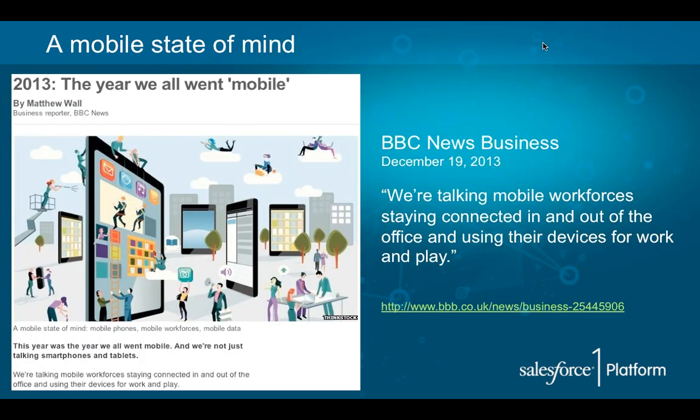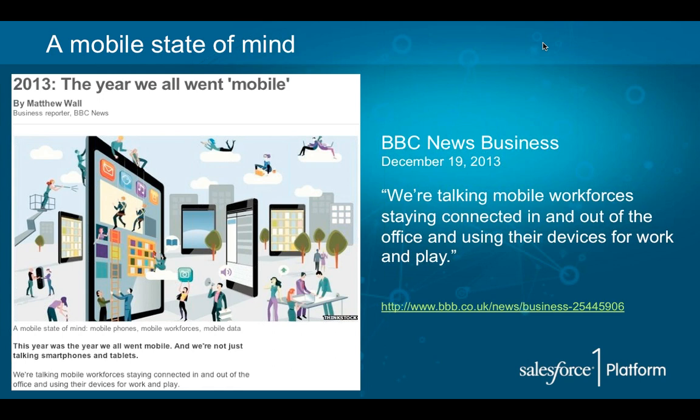So what we have seen, and I pulled up this BBC News article, is that 2013 was really the year that we all went mobile. And if you think about it, if we look at our day-to-day life, our professional life, and our private life, mobile is really everywhere.